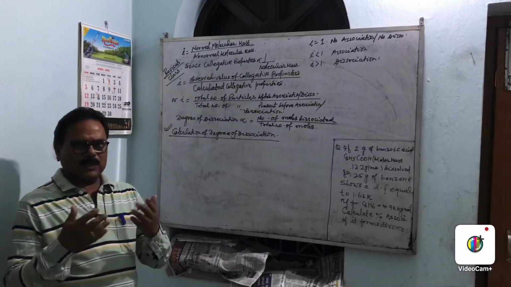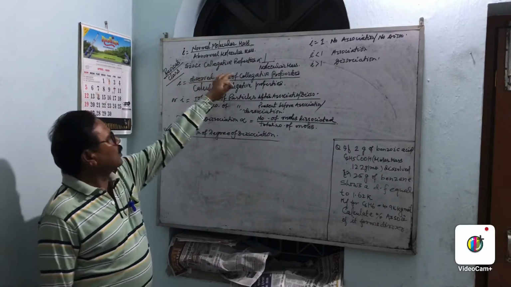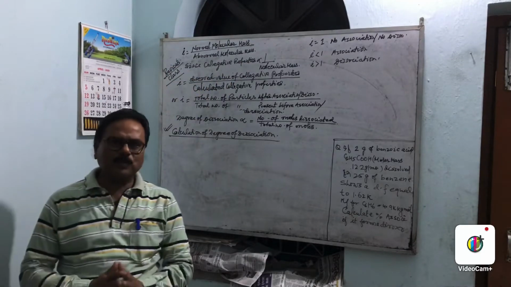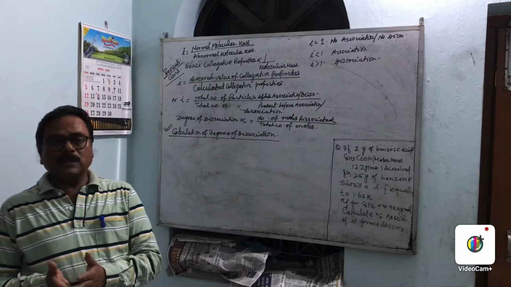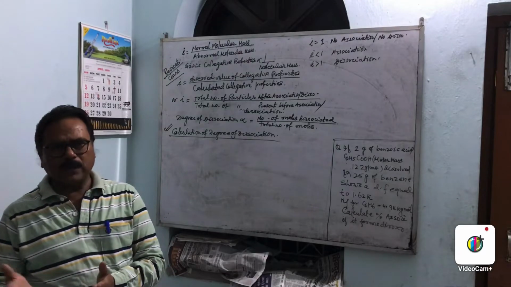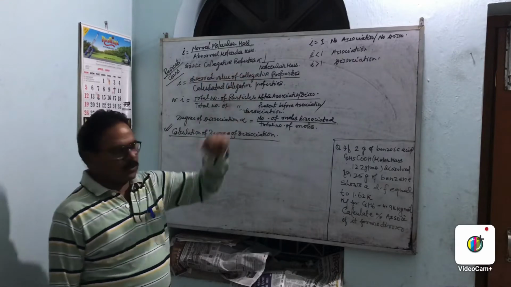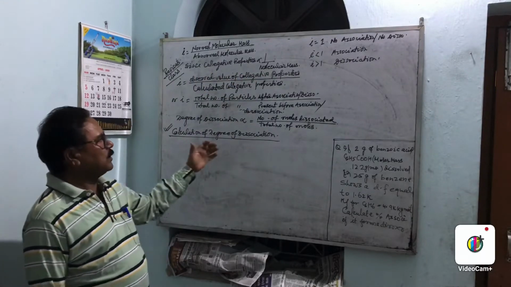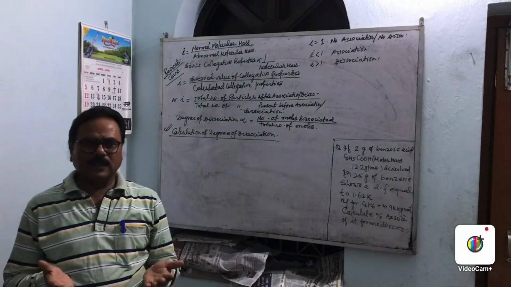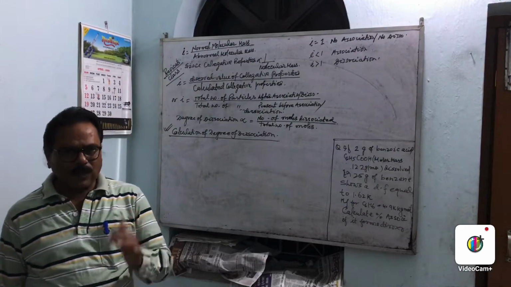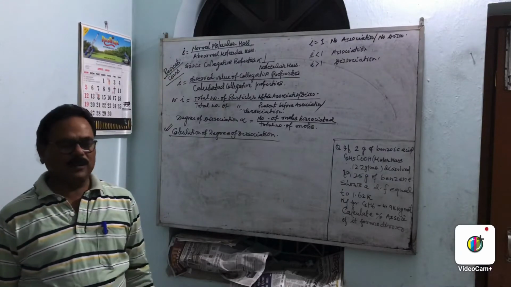Since colligative property is inversely proportional to molecular mass, if the number of particles decreases, as in association, the colligative property decreases and the molecular mass increases. If the number of particles increases, as in dissociation, the colligative property increases and the molecular mass decreases.